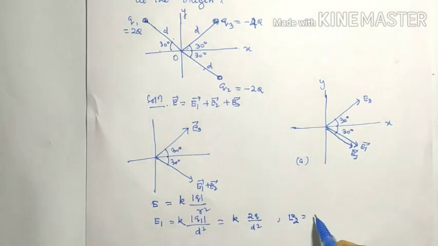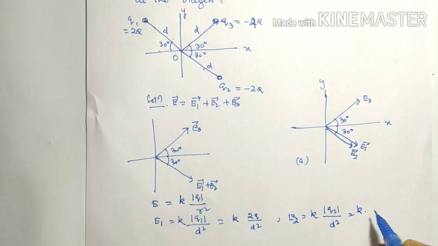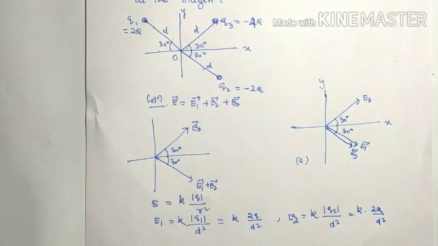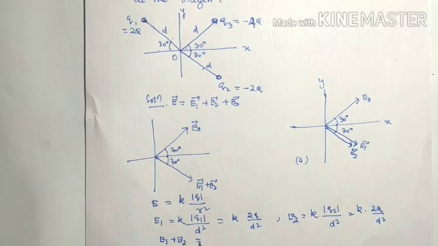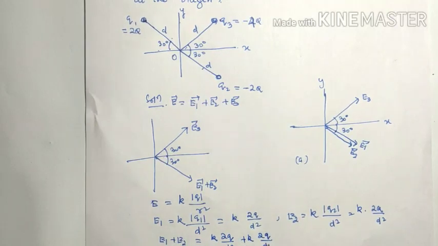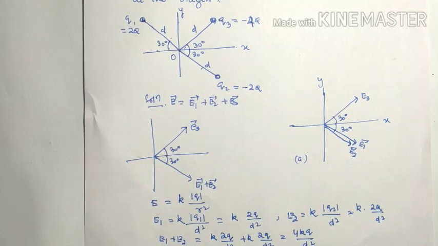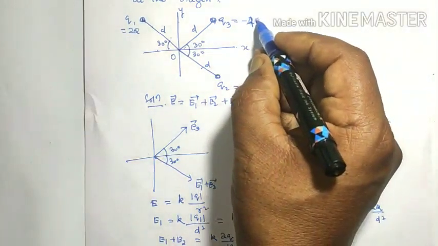Then E2 equals K times the modulus of Q2 by d squared; the charge is minus 2Q, and its modulus is 2Q, so E2 is K 2Q by d squared. Since E1 and E2 are in the same direction, we add them: K 2Q by d squared plus K 2Q by d squared, that is 4KQ by d squared.